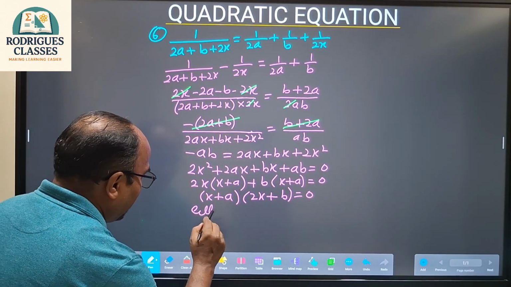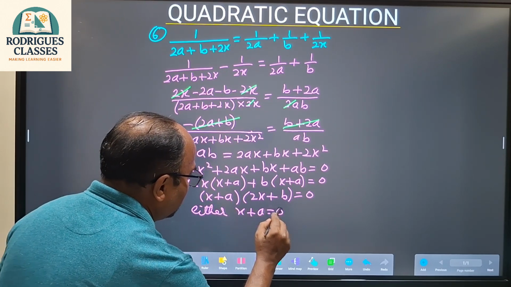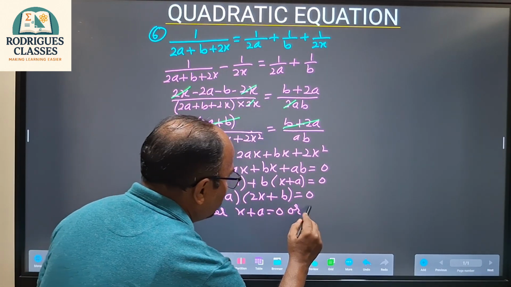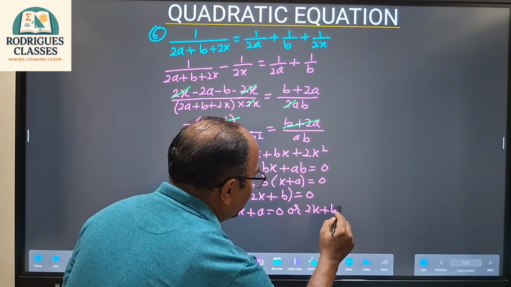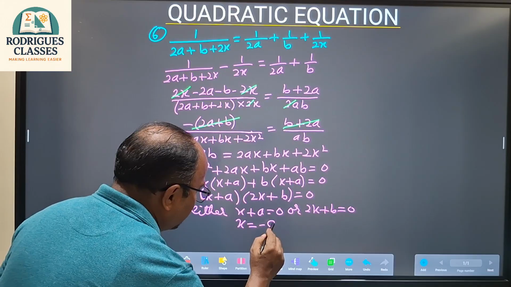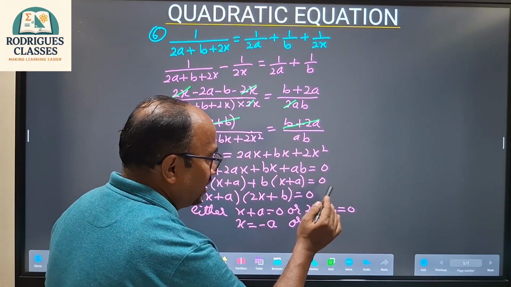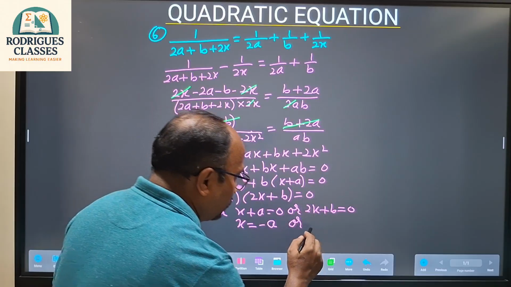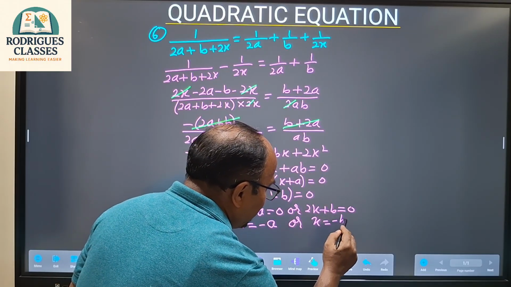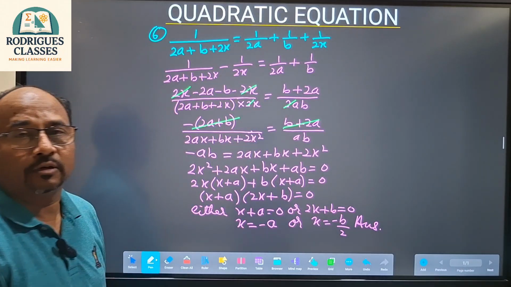So either x plus a equals to 0 or 2x plus b equals to 0. So x plus a equals to 0 means x equals to minus a, or here I will get 2x equals to minus b, then 2 will go that side. So I will get it as minus b by 2. So this is my answer step.